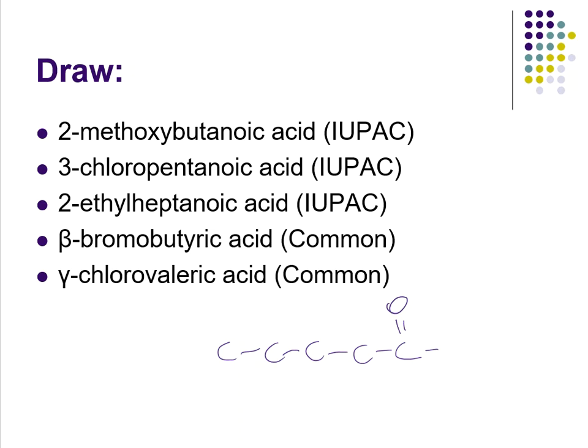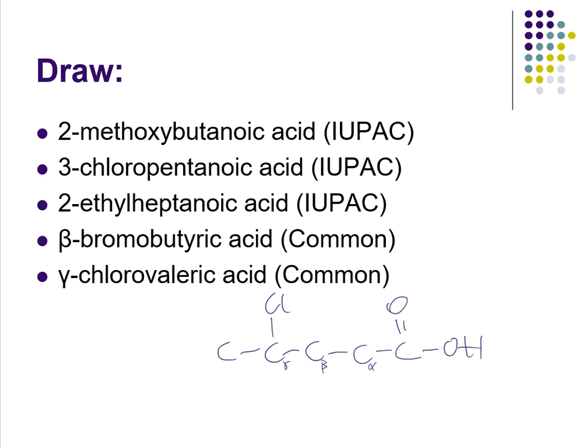Valeric acid, "ic acid," is COOH. All right, so alpha, beta, gamma. There it is. So at the gamma spot, I have a chloro group, which is a Cl. Folks, there's your structure for gamma-chlorovaleric acid.